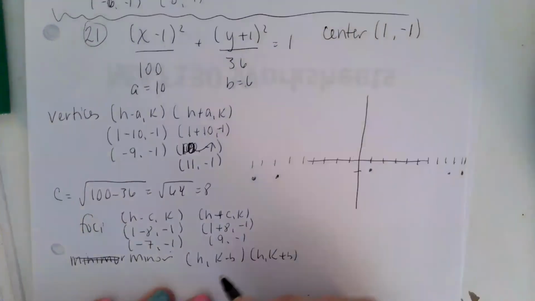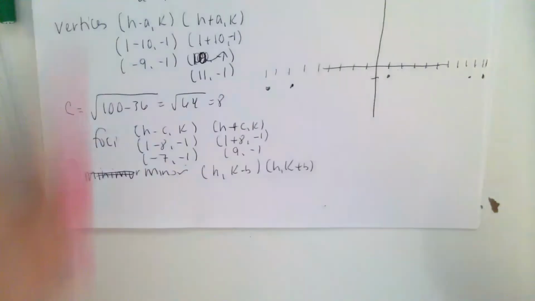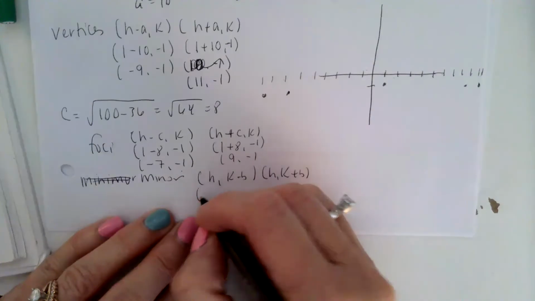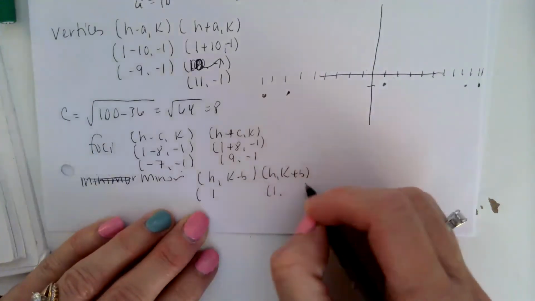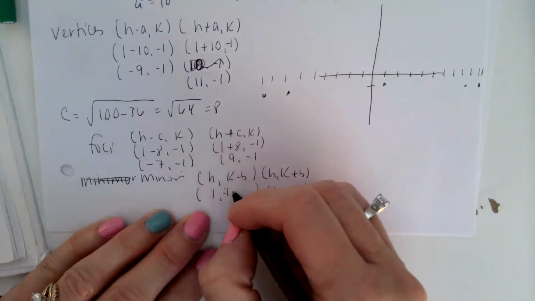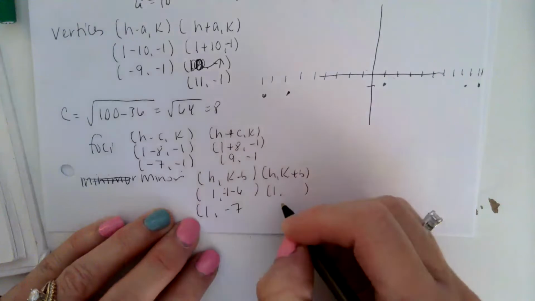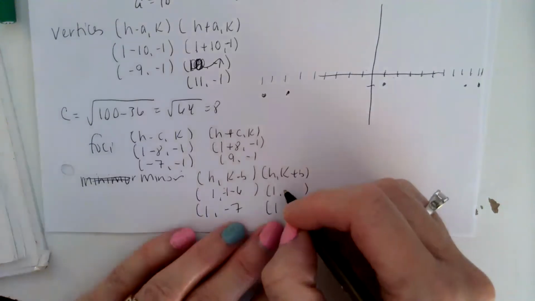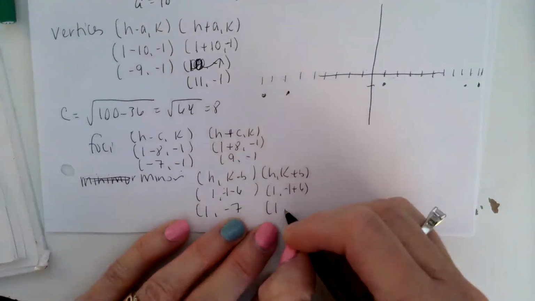And then our minor axis is going to be, so we can get the shape correct, at h, which is 1 for both of these, and then offset by k, which is negative 1, minus b, which is 6. So 1 and negative 7, and 1 in k, which is negative 1 plus b. So 1 and positive 5.